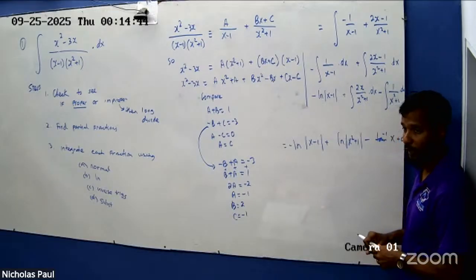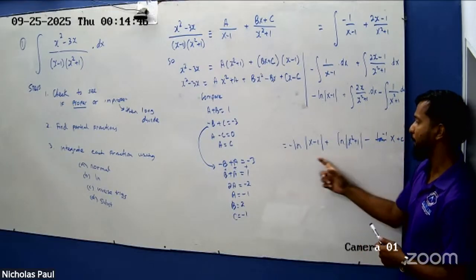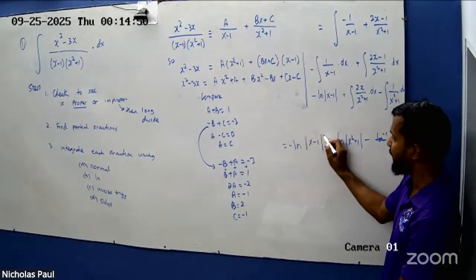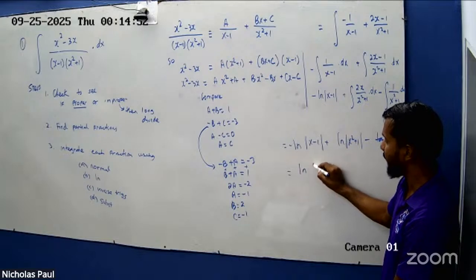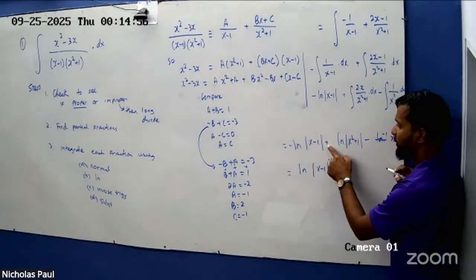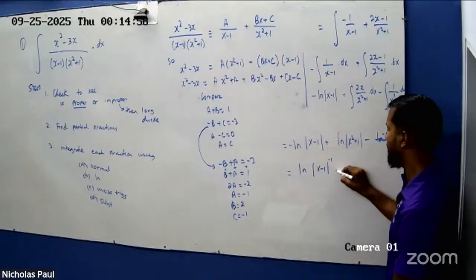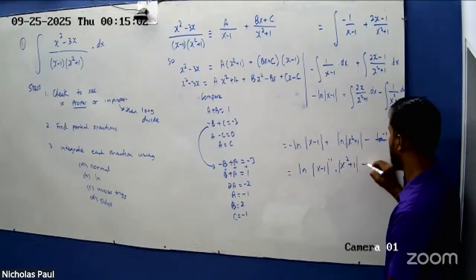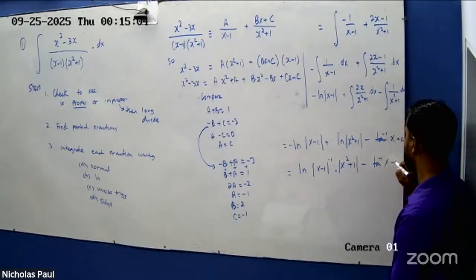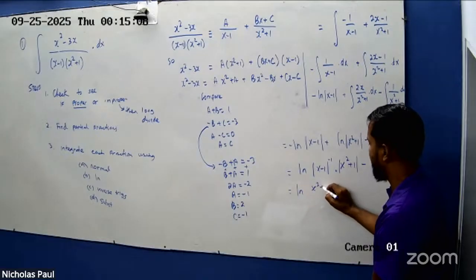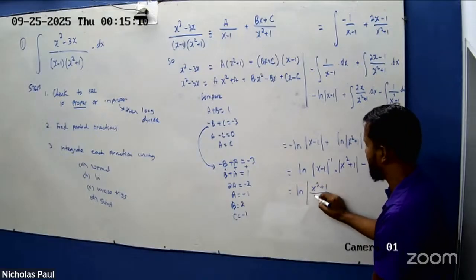That's it. I can make it look even nicer and bring them together. So I can bring the minus 1 here, and I will get ln x to the minus 1. Plus means multiply, so multiply by x squared plus 1, minus tan inverse x. So I can make it look perfect by putting them together like this.